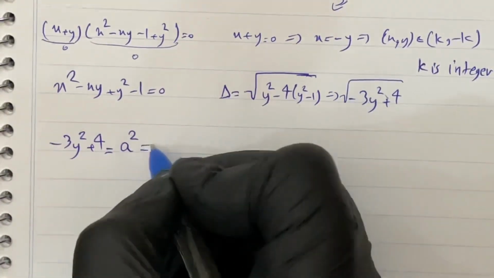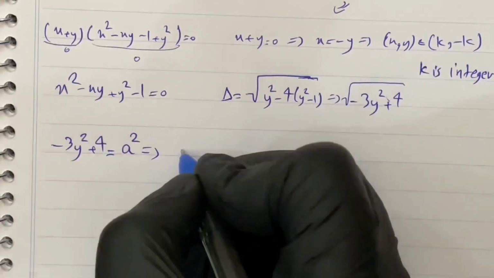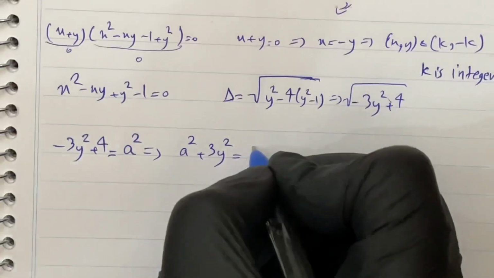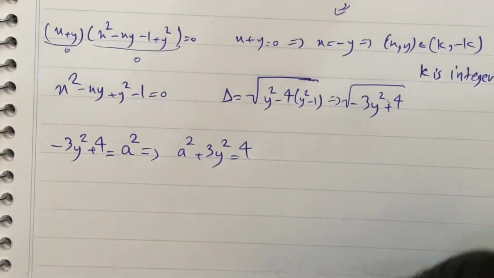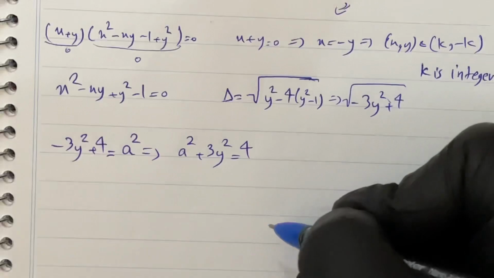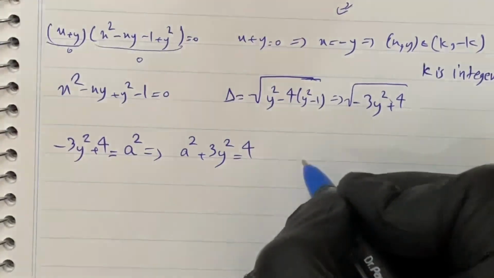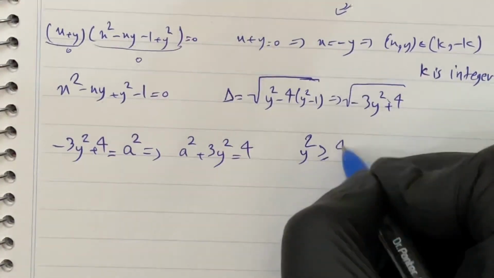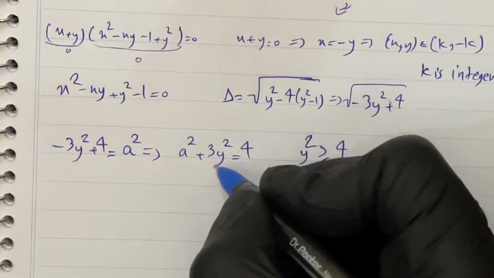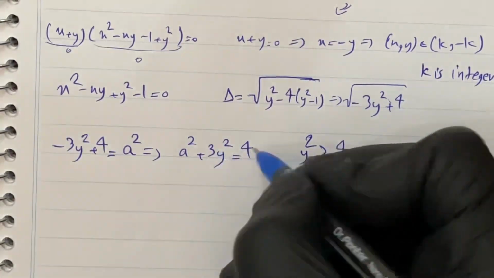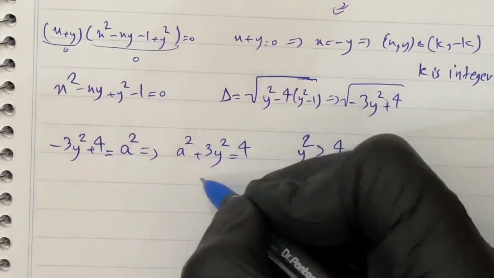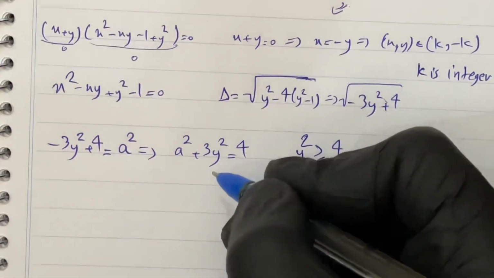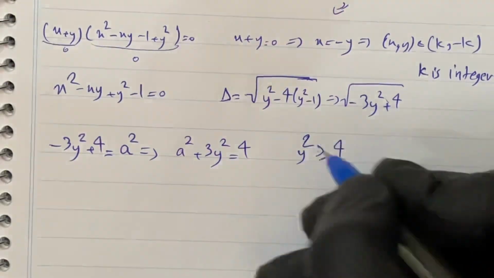So it means that a² plus 3y² equals 4. We should find integers for this equation, and we know that if y² is bigger than or equal to 4, then this doesn't have an answer, because this would be 12 and a² would equal negative 8, and we know that a complete square cannot be negative.